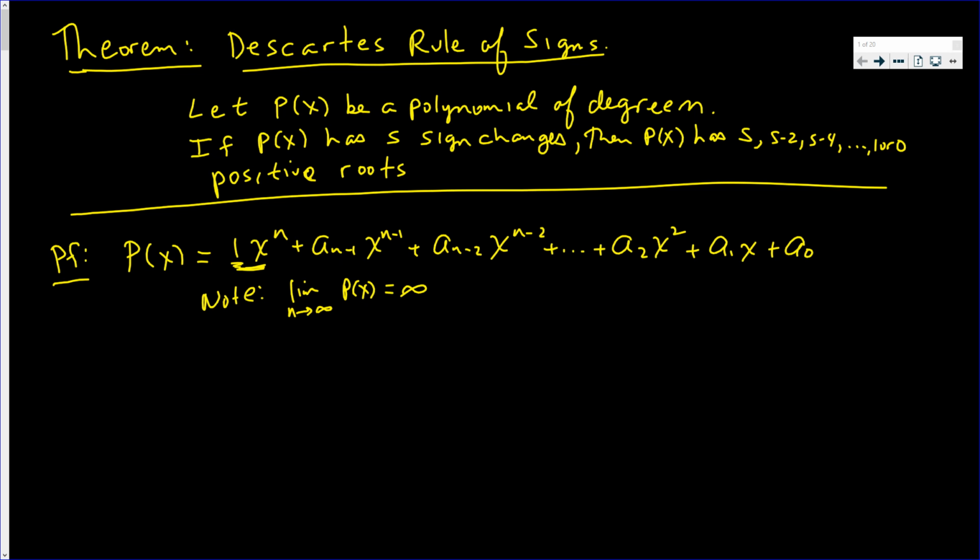What that tells me is that I may not know what's going on in here, but sure enough, when x gets really large, it's going up to infinity. That we do know. And that's going to be important.